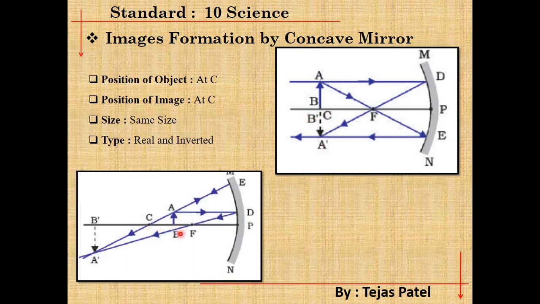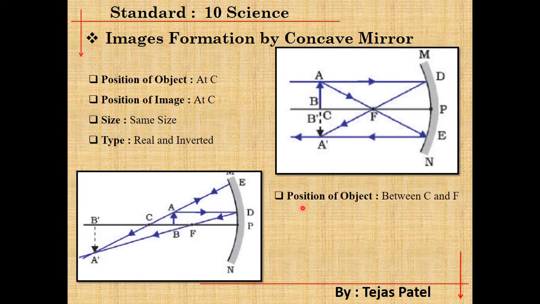Fourth case we are talking about that whenever the object is between C and F. So as you can see, between C and F, AB object is there. So the ray is parallel to the principal line, then it will pass through F, and whenever it is passing through C, then it will be reflected in the same direction. These 2 rays will meet at point A dash, and you can get the image of A at A dash.